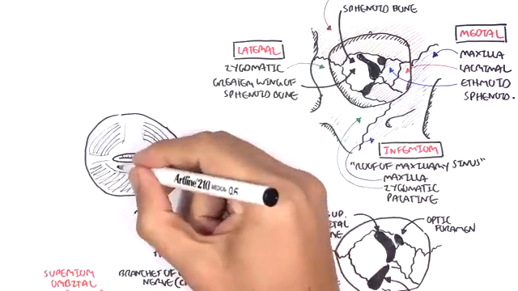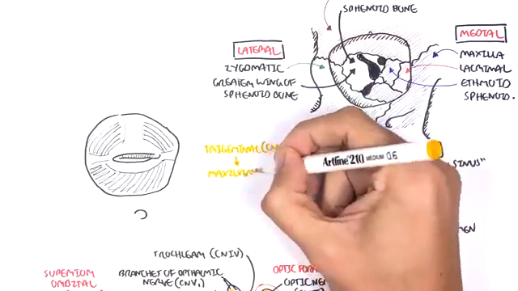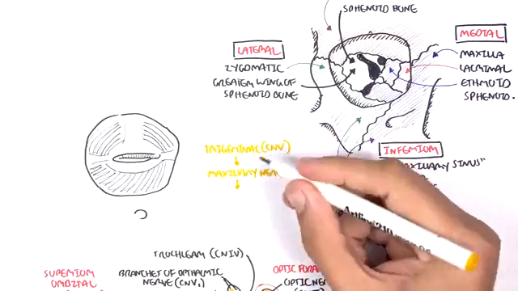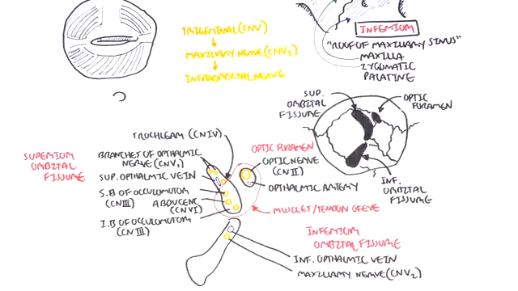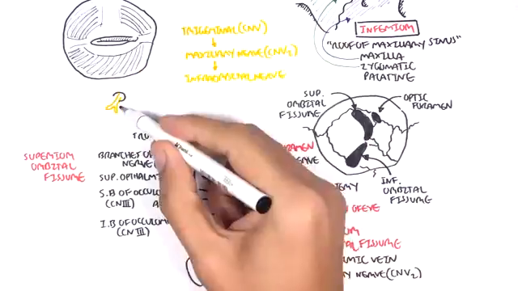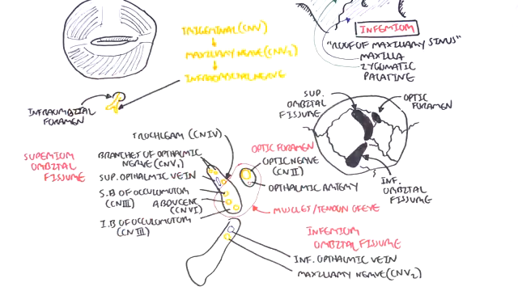So the trigeminal nerve, cranial nerve 5, gives off the maxillary nerve branch, which is the V2, which has another branch called the infraorbital nerve. The infraorbital nerve goes through the infraorbital foramen.